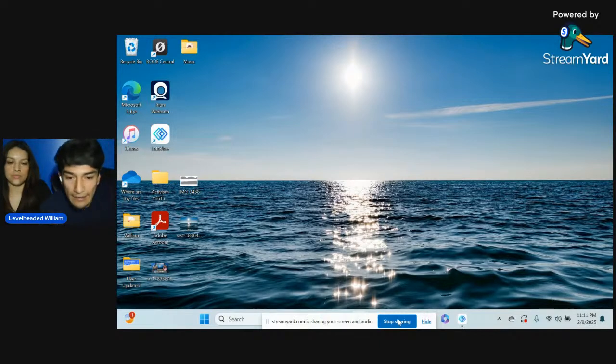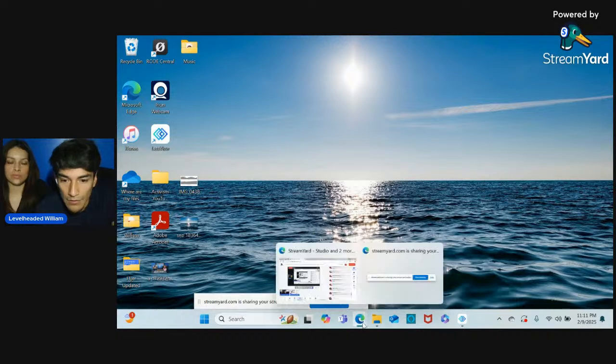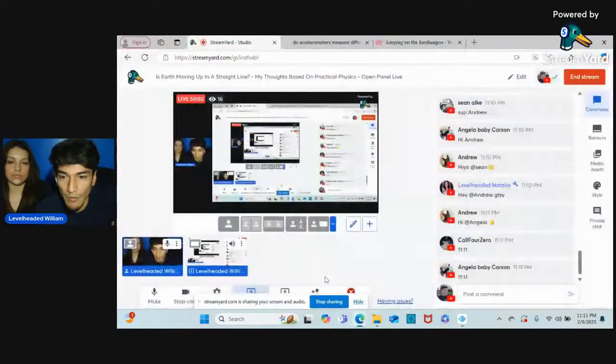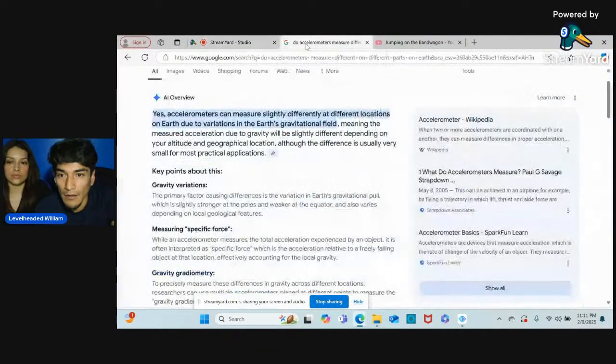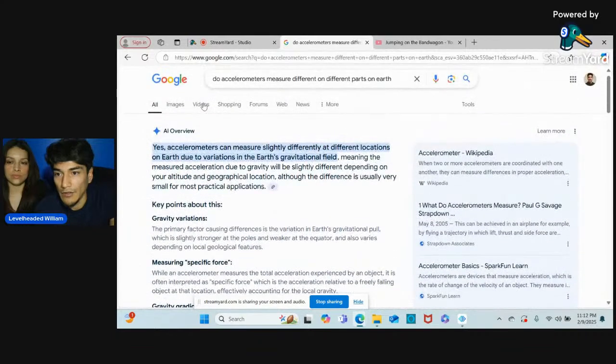But again, let me share this. Just to prove the point, here we go. Do accelerometers measure different on different parts of the Earth? Yes, accelerometers can measure slightly differently at different locations on Earth due to variations in Earth's gravitational field.